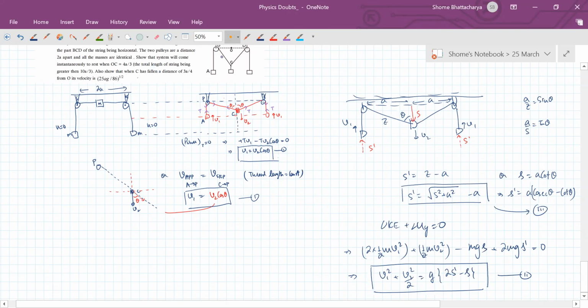Now it is given to us that the distance OC, that is Z in my equation, is 4a by 3. So if Z is equal to 4a by 3, that means sine theta is 3 by 4.